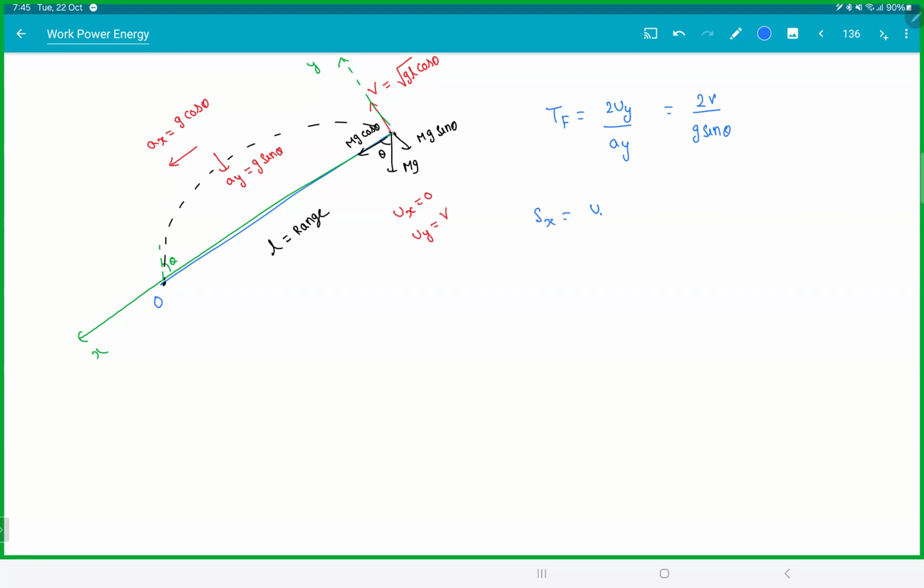Sx is equal to ux t plus half ax t square. Ux is 0, initially horizontal velocity is 0, Sx is L, half ax is half g cos theta, t is time of flight square, that is 4v square by g square sine square theta. This would be half gVL cos theta.